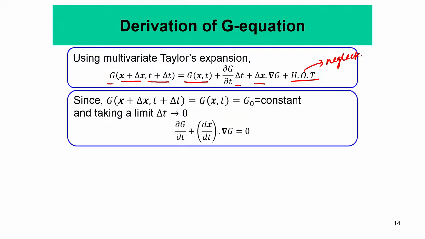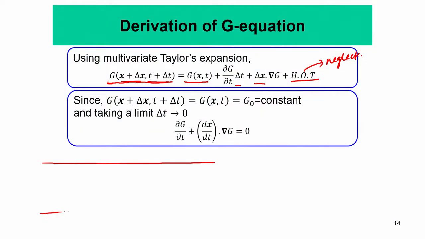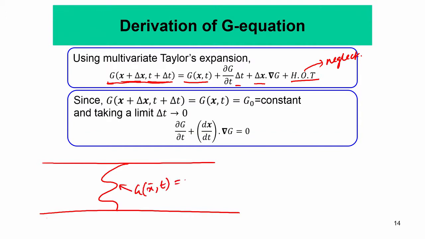Now, what you have to remember is that the value of G at x plus delta x and t plus delta t, if it is of the same surface, then the value of G does not change. To give you an example, this is my chamber. So, this is my G(x,t) and this is equal to 0.